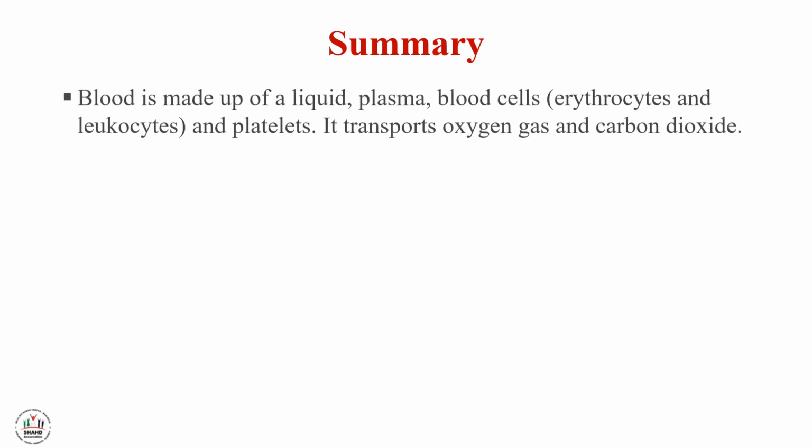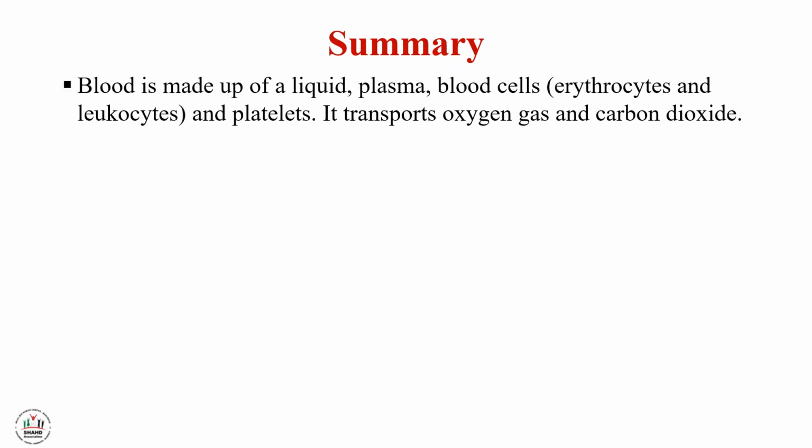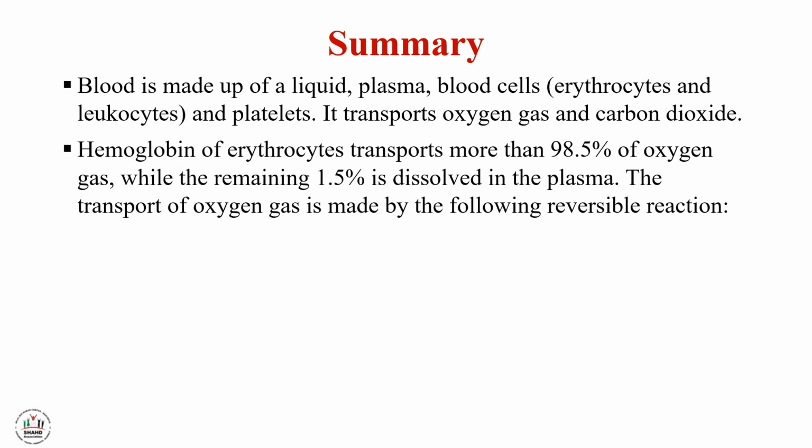Summary: blood is made up of liquid plasma, blood cells, erythrocytes and leukocytes and platelets. It transports oxygen gas and carbon dioxide. Hemoglobin of erythrocytes transports more than 98.5% of oxygen gas, while the remaining 1.5% is dissolved in the plasma. The transport of oxygen gas is made by the following reversible reaction.